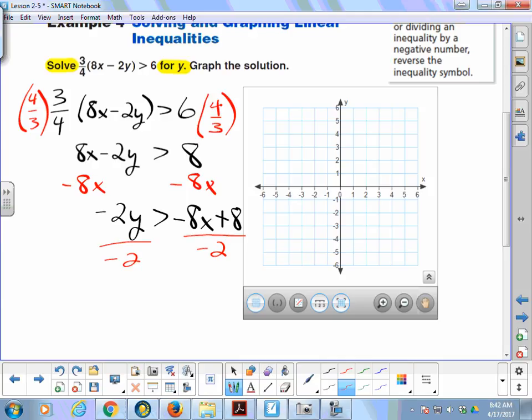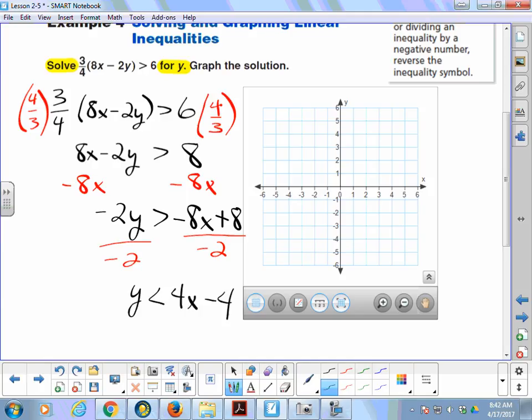So where's my caution here then? We have an inequality. We're dividing by a negative, which means we have to change the direction of our inequality sign.